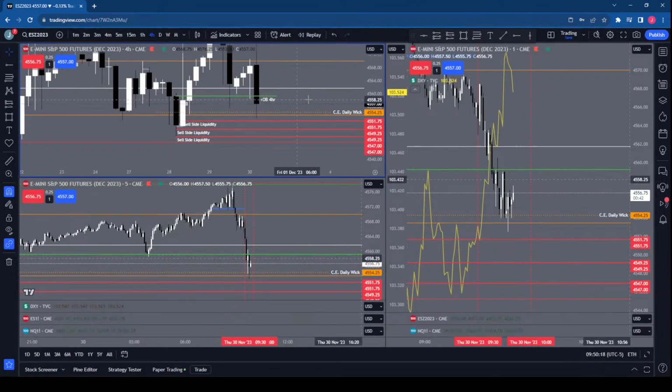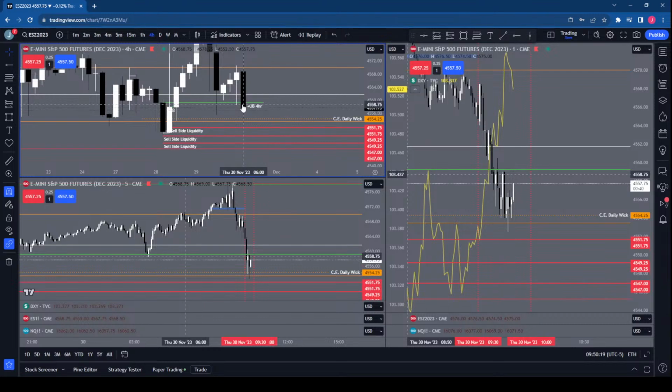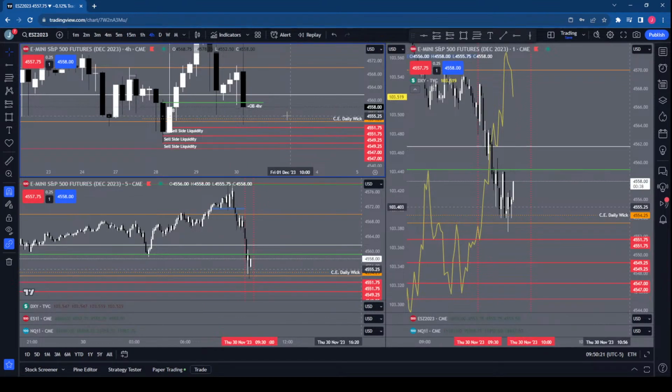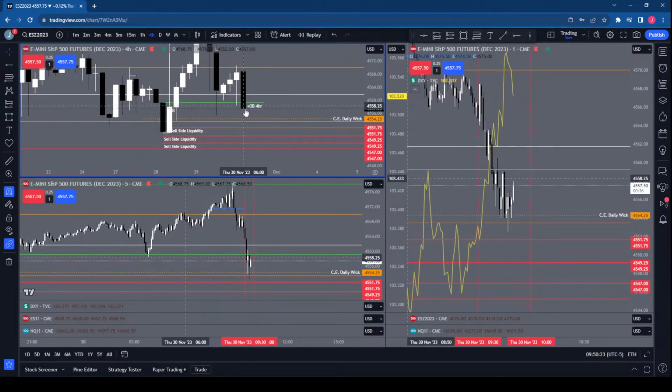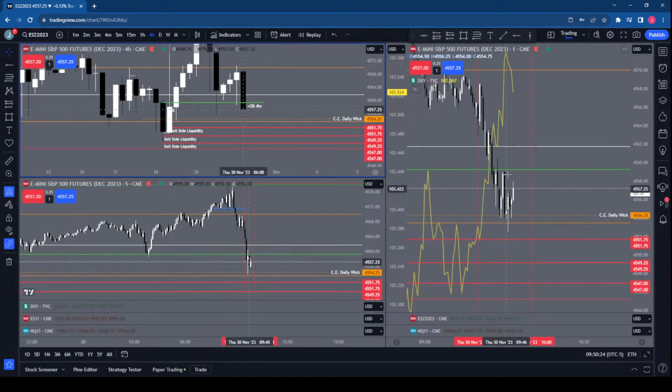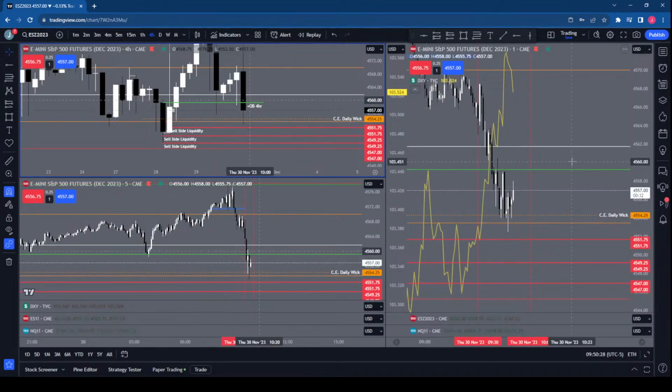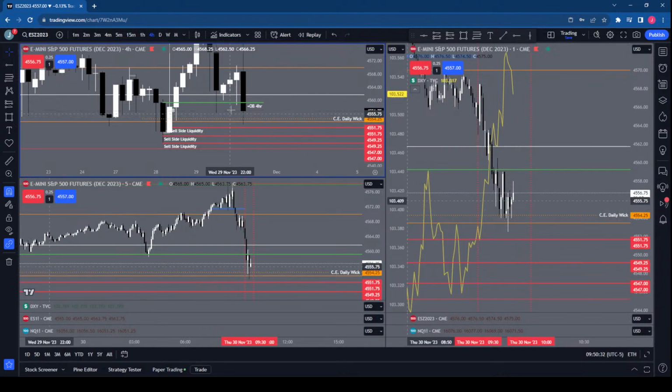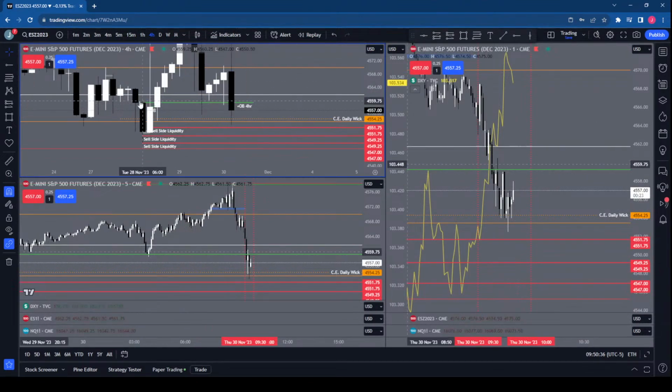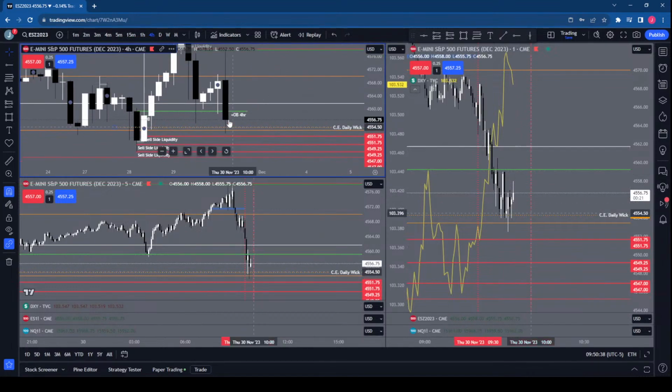Coinciding with the 4-hour order block. Let's see. I think, yeah, this 4-hour candle closes at 10. So if we get above this green line, that'll be a really strong bounce. That'll be a 4-hour candle body respecting the order block body. I mean, it doesn't have to.